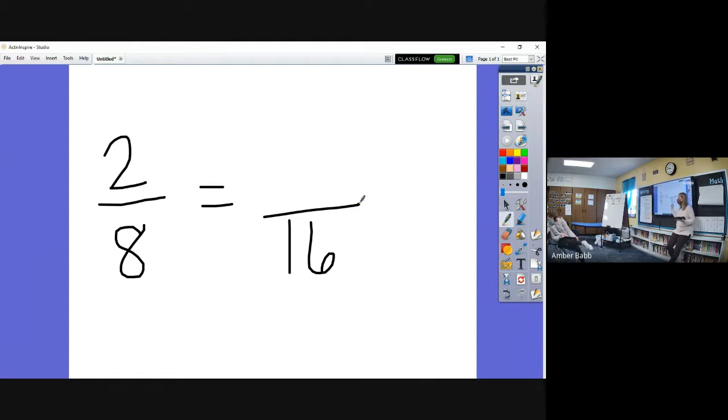How do I turn an 8 into a 16? Times it by 2. Multiply by 2. So whatever I do to the bottom, I have to do to the top. So I'm going to multiply the top times 2. So my number that goes here is 4. Does that make sense? Yes. Equivalent fraction? Yes.